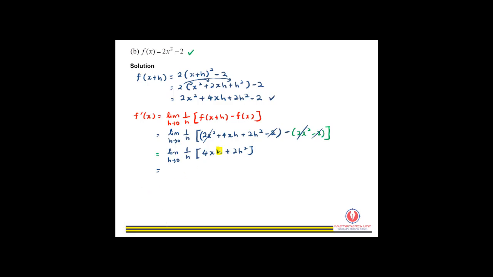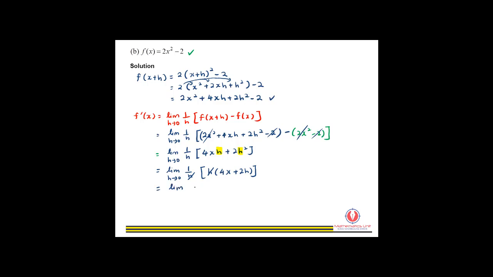So we can factor out our h here, and then we'll get 1 over h. Factorize h, we will get 4x plus 2h. And then we can simplify our h.